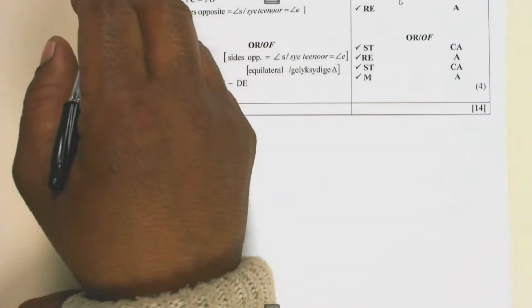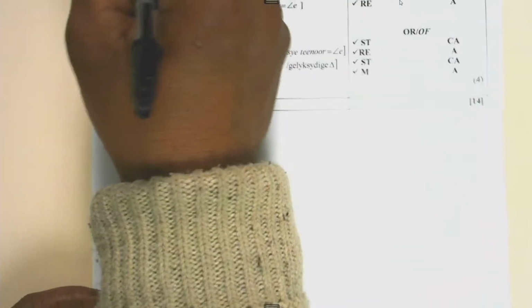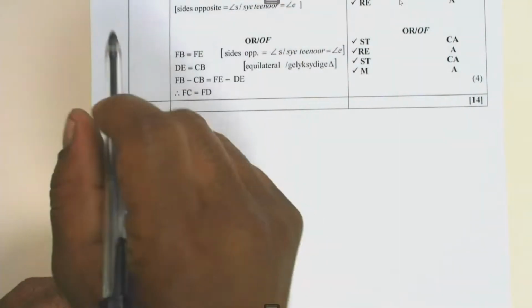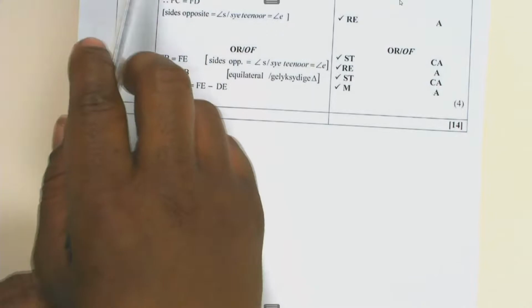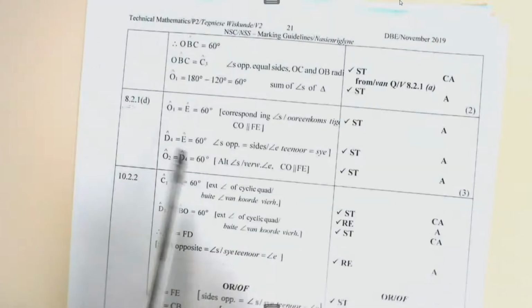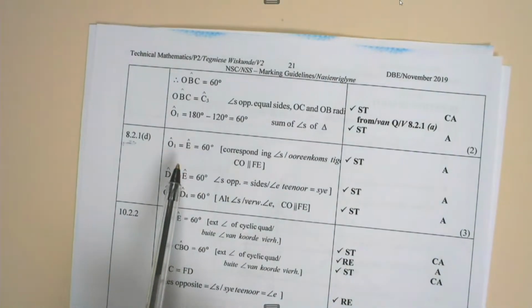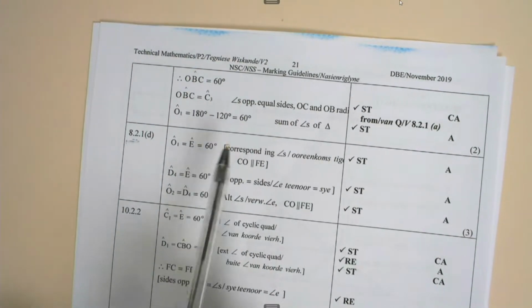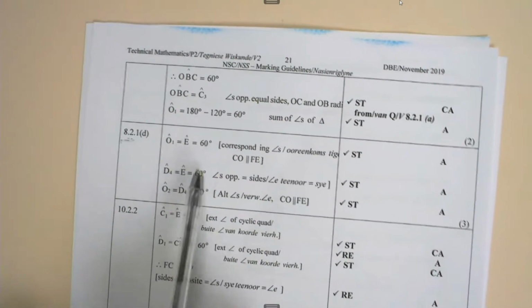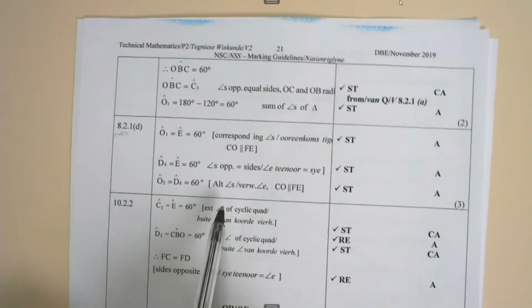Come to 10.2.1d. I think this was also a typing error. So angle O1 becomes 60 degrees. It is also equal to E, corresponding angles, because of the parallel lines in our diagram.